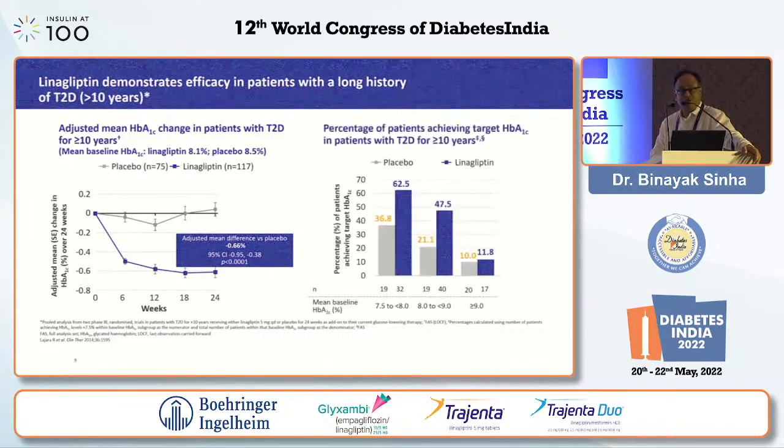And if you look at the proportion of patients achieving the target HbA1c, whether you look at 7.5 to 8 or 8 to 9 or more than 9, you find that linagliptin is superior when compared to competitors in reducing HbA1c across this entire spectrum.